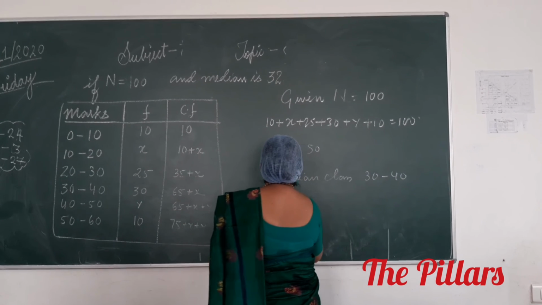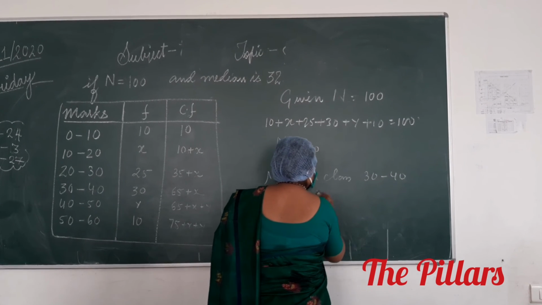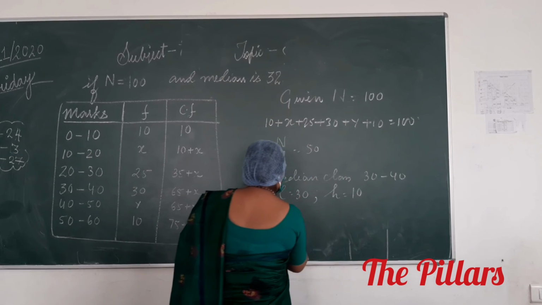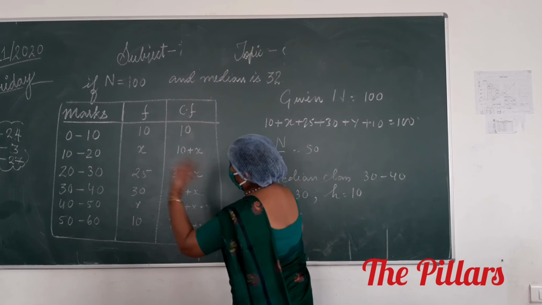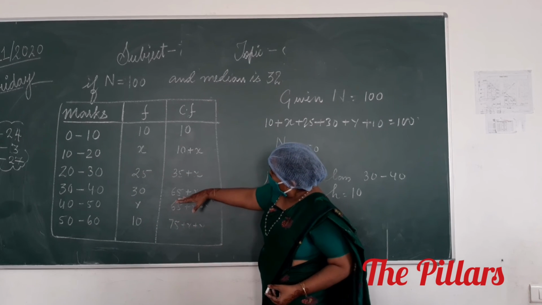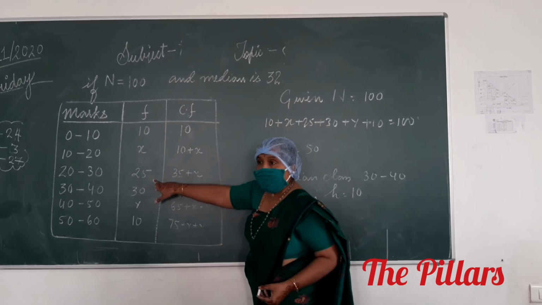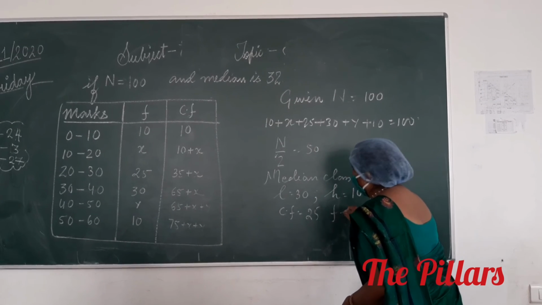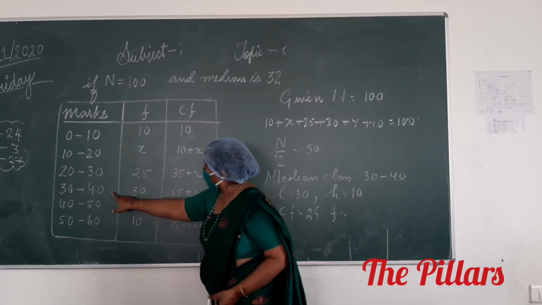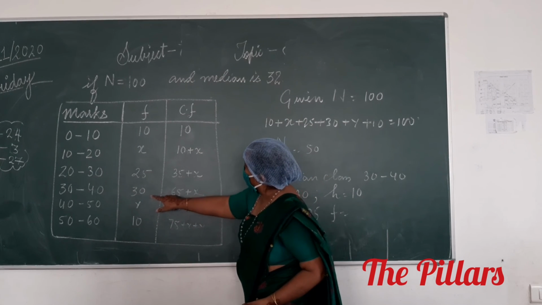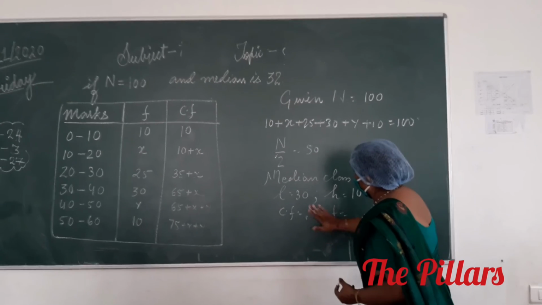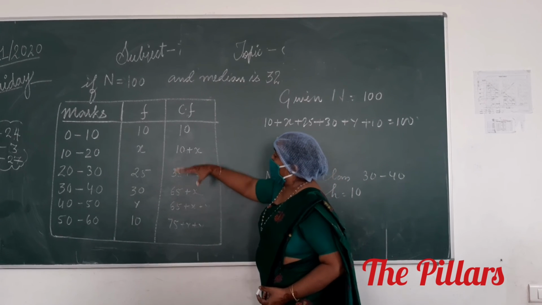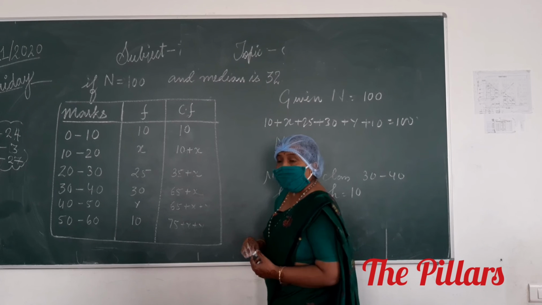How much is the L here? 30. You should write everything. How much is the H here? 10. And what will be the cumulative frequency of the preceding class? 35 plus x.